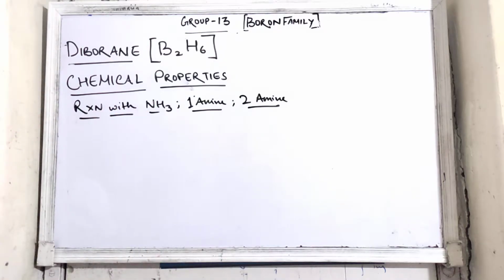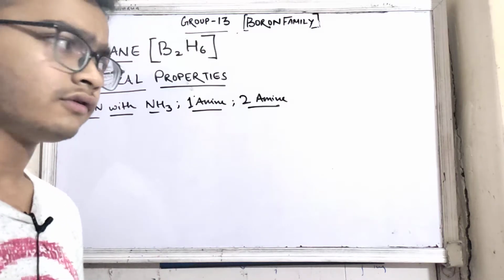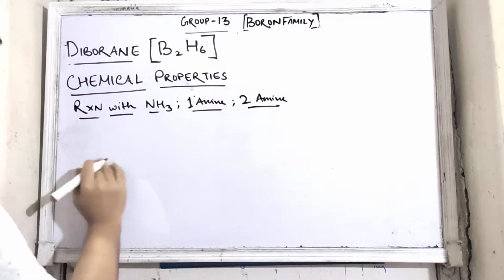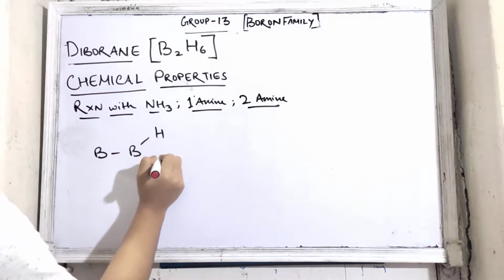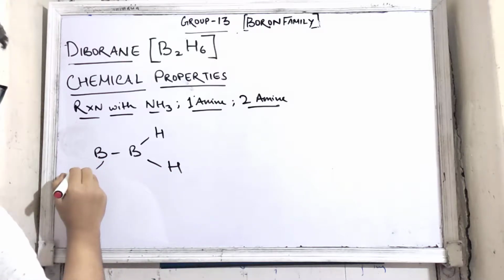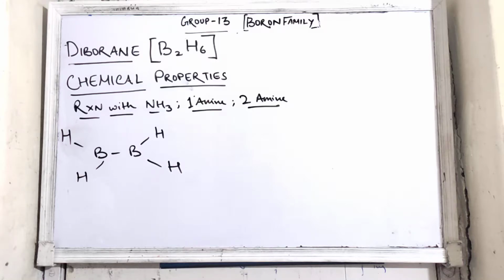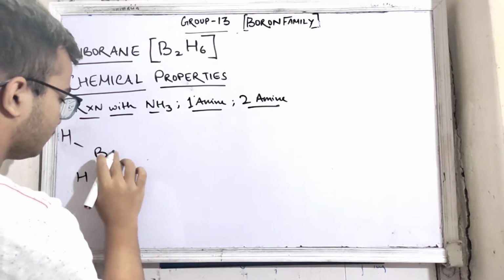Now for doing this, let us first write the structure of diboron. Diboron is like this: B, one here, one here, one here. I'm sorry, I omitted a thing.